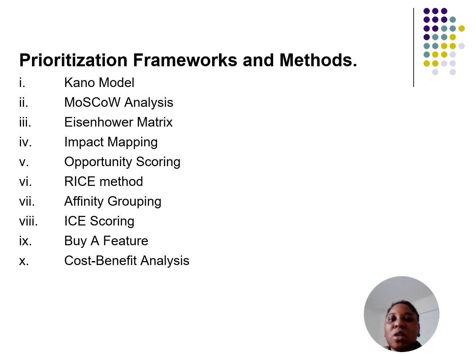But I'll be talking about the 3 most important prioritization frameworks and their methods. Number 1, the Kano model, the Eisenhower matrix, and impact mapping are the 3 I'll be talking about.